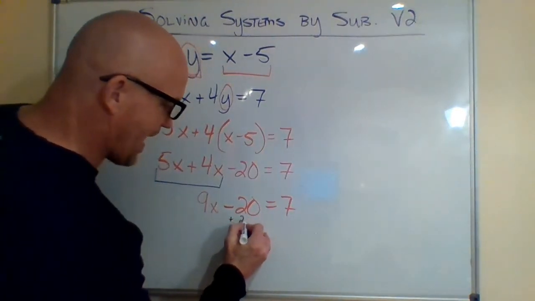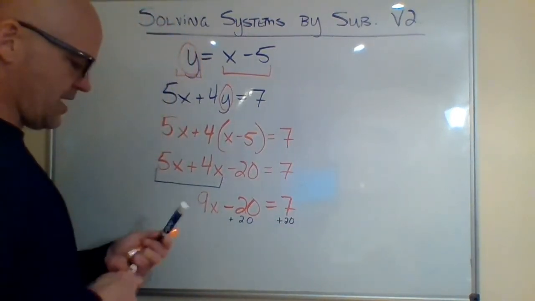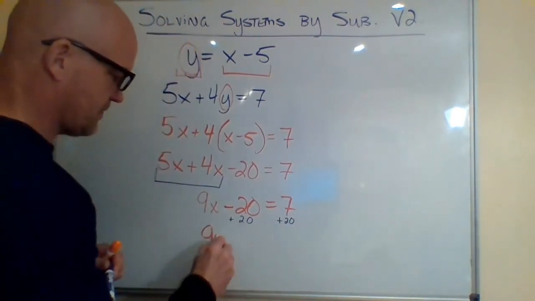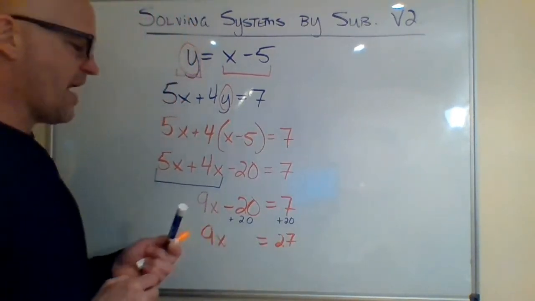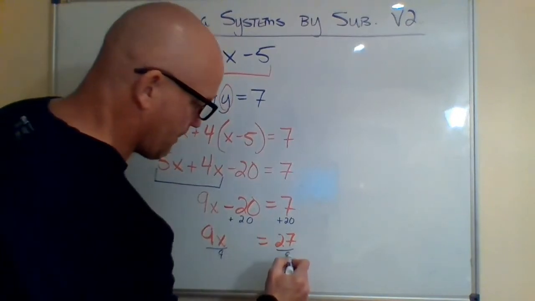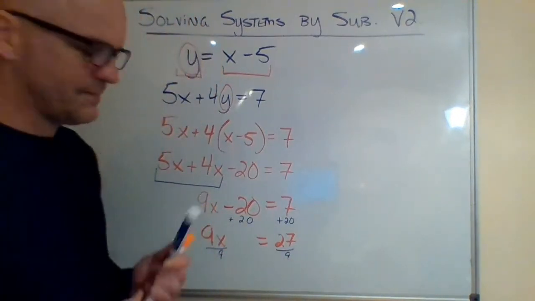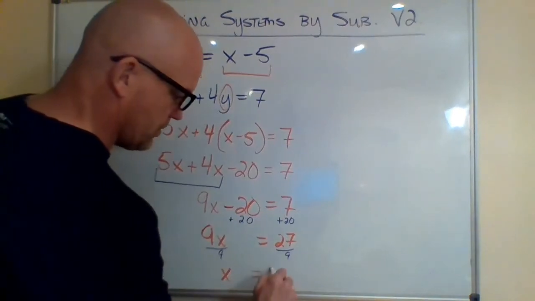But we're obviously going to add 20 to both sides. That's going to give me 9x equals 27. We're then going to divide both sides by 9. Hope you can see that. I know that's awfully small. And x is going to equal 3.